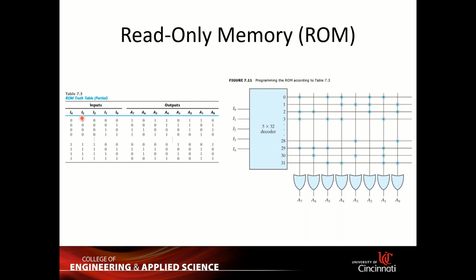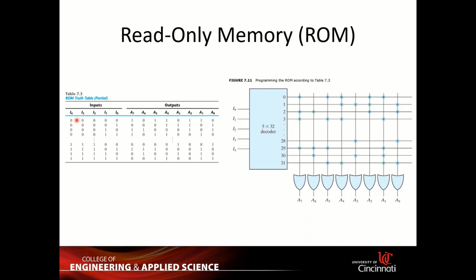So if you have a truth table, that means for a given certain input, I want a certain output to come out. Now you can figure out how to burn these fuses to have the output that you want. For example, each line corresponds to an address, right?